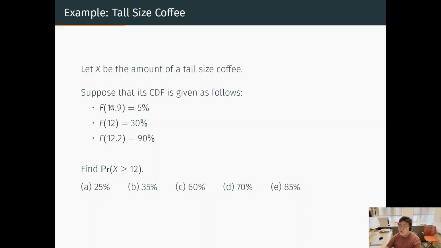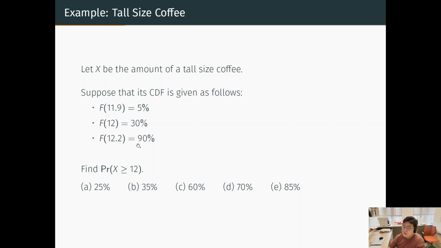If you input 11.9, then it returns 5%, which means it is the probability that the coffee contains less than 11.9 ounces. And if you enter 12, then 30% is the output, which means the probability that the total size coffee contains less than 12 ounces is 30%.